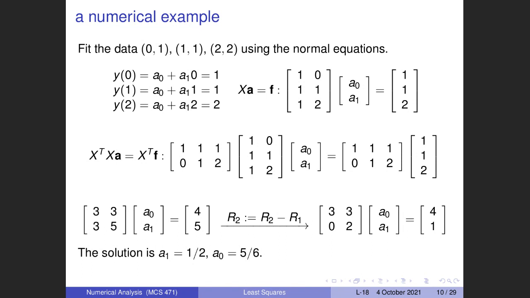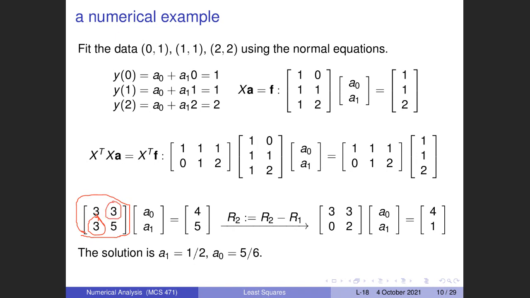This example looks very simple. Let me point out one property here, which I didn't point out earlier. Notice that the matrix that you get looks kind of nice, in the sense that it's symmetric. The 3 that is below the diagonal also appears above the diagonal.